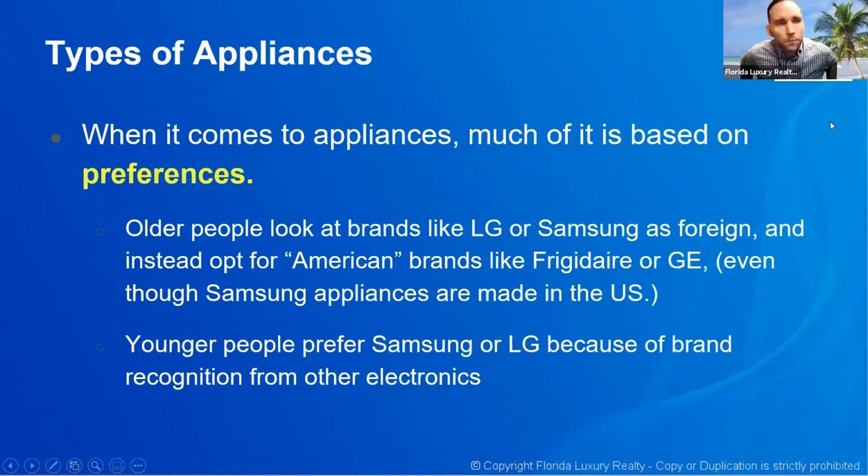So let me move this up. There we go. When it comes to types of appliances, much more than anything else, more than flooring, more than countertops, more than just about anything else, it is 100% based on buyer preference. And what I mean is, I can't tell you how many times I've worked with investors that go in, they do a full renovation of a home, right?